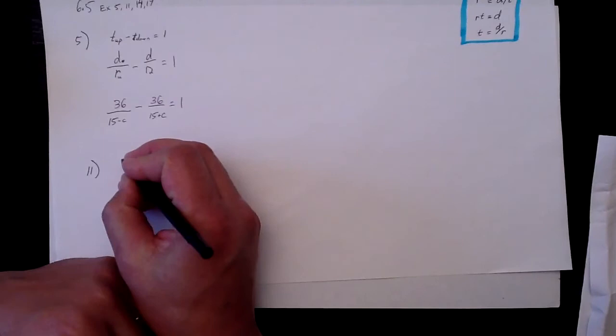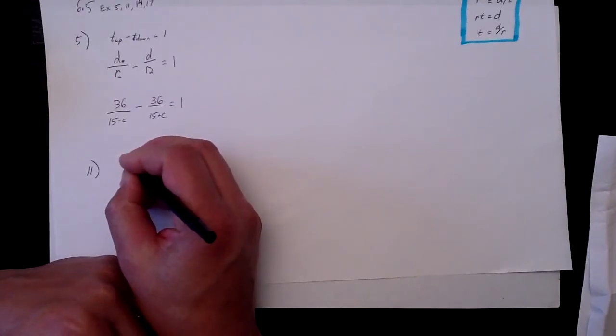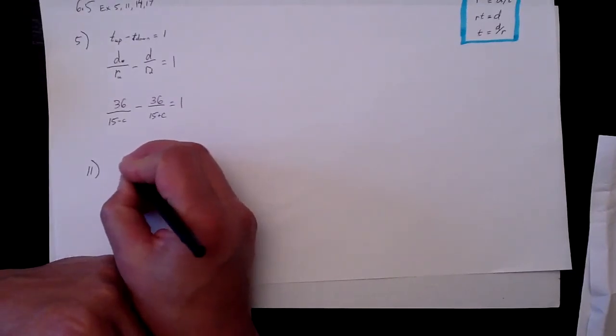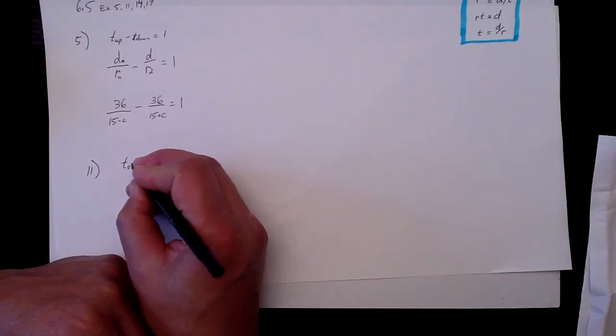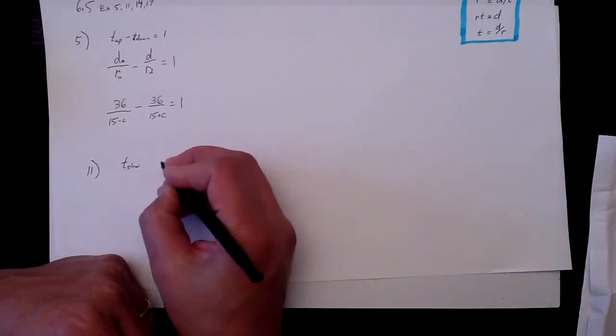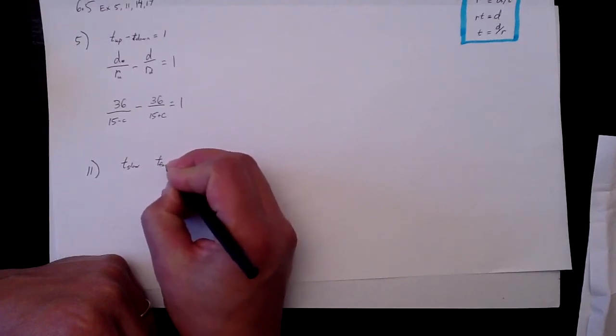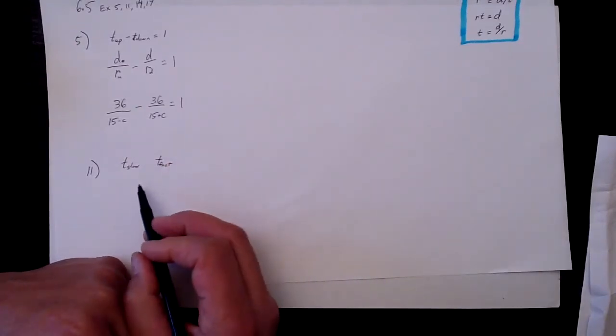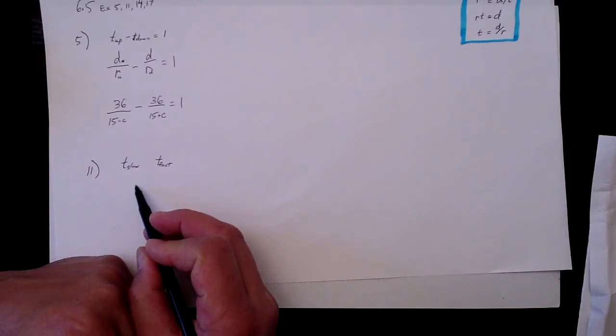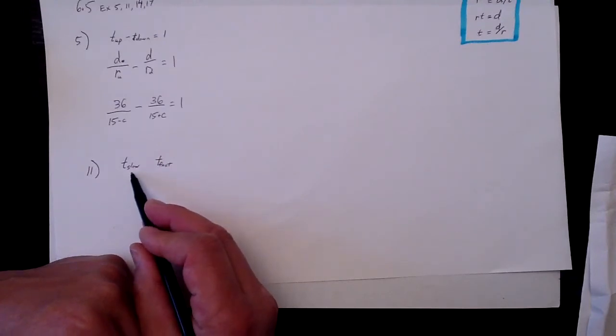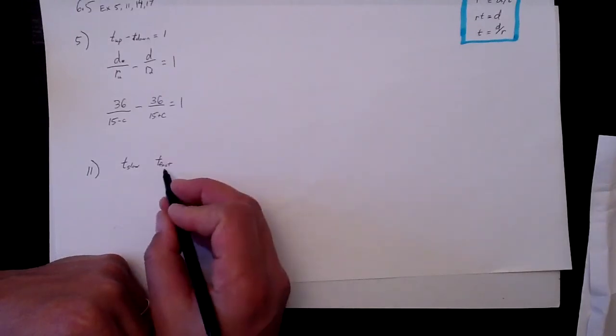We've got the time, we'll call it time slow, and we've got time fast. His slow time, which is a longer period of time when he's driving slow, is an hour more than his fast time.